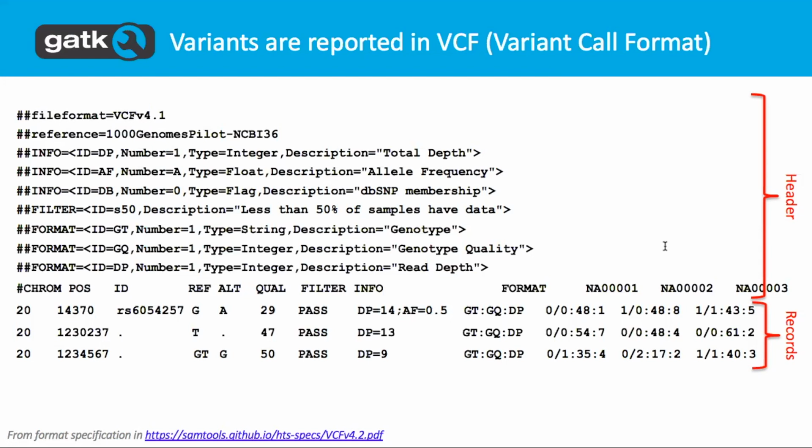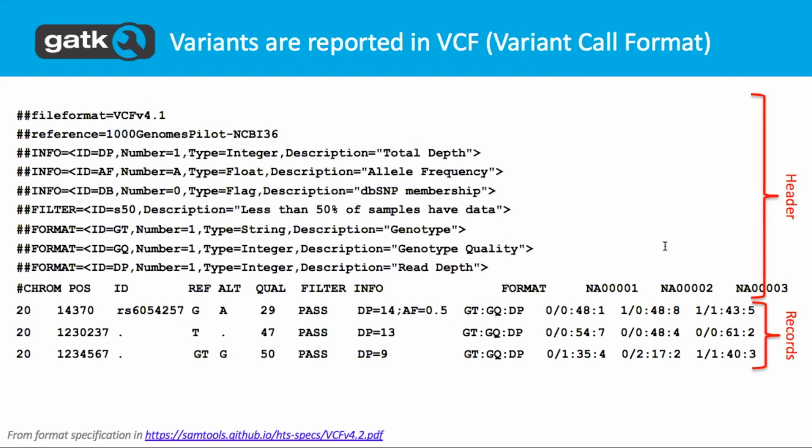What else? The very first attribute of the format field is the genotype, and you can actually see what the genotype is here. Here the reference is G, the alternate is A, so this is 0, 0, meaning it's just a reference. And this is 1, 0, so it's a heterozygous site.